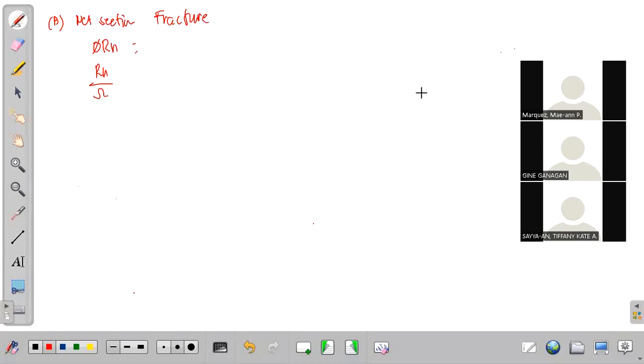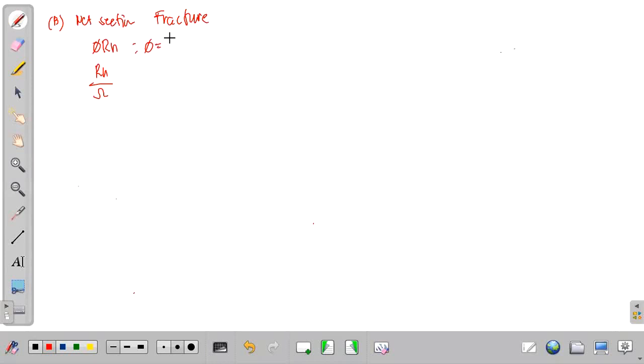Miss Marquez, sorry. So for our phi, what value do we have here? 0.75. We have 0.75. And for our omega, what will be now our factor omega for the net section fracture? Okay, Miss Magno. 0.2, ma'am.